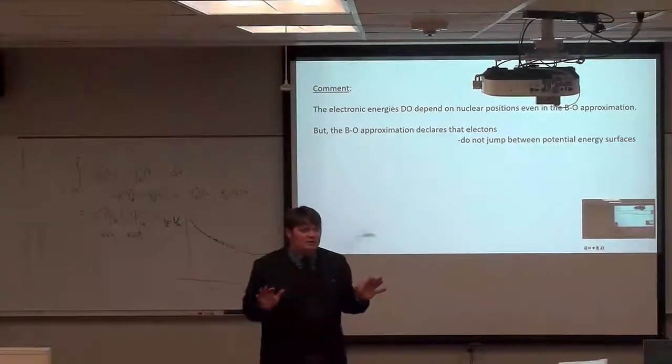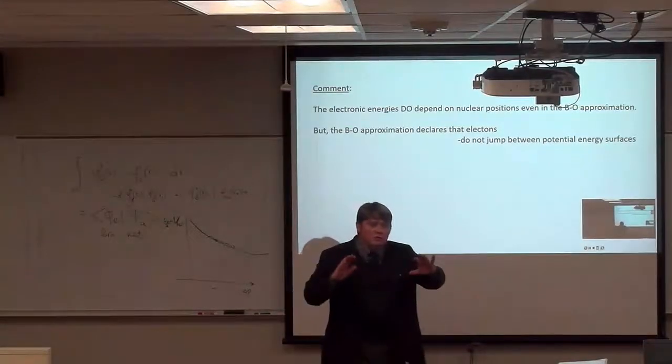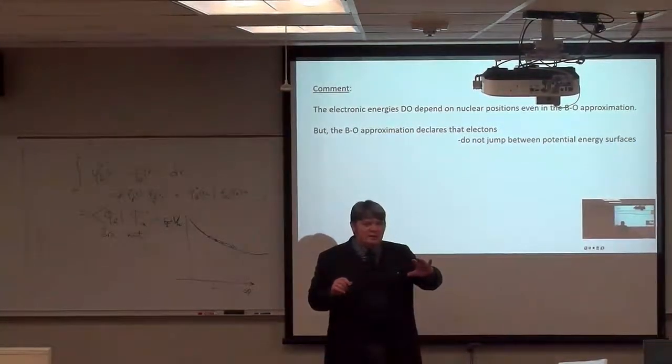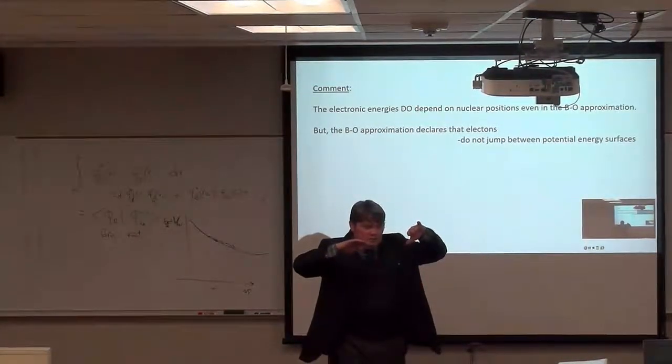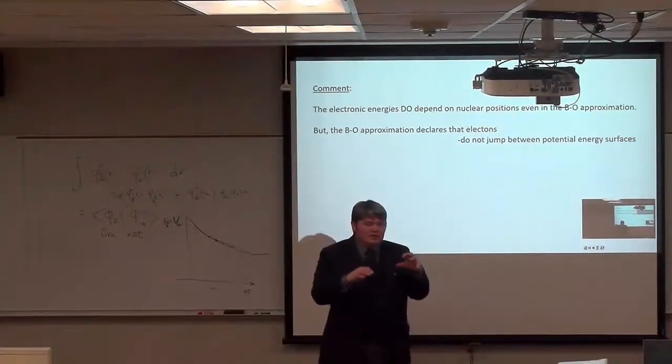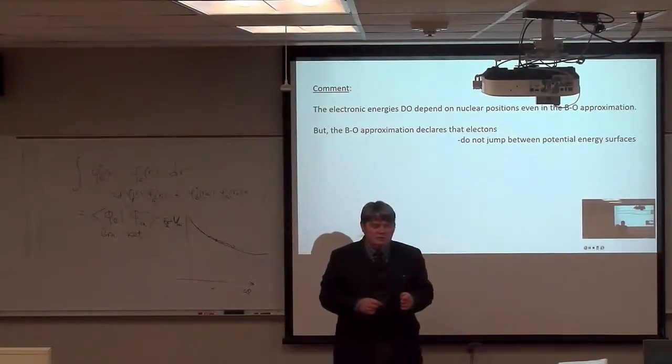No. If you got this impression, I did a poor job. Electrons and nuclei do interact. Positions of nuclei affect electronic states. Electronic states affect internuclear potential. So there is interaction of nuclear and electronic degrees of freedom.